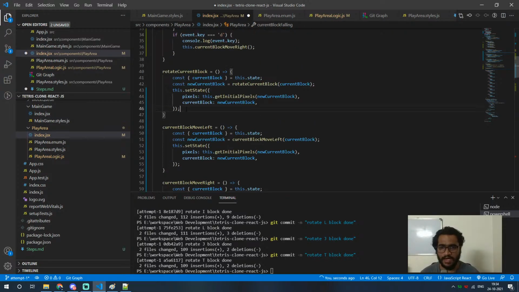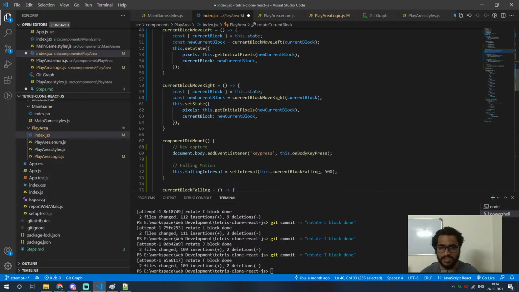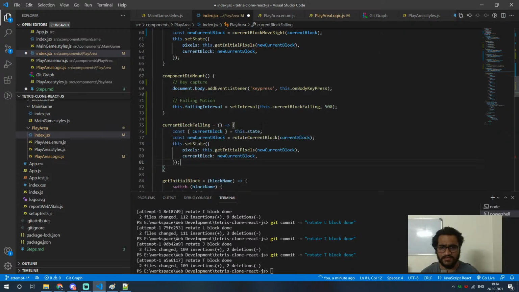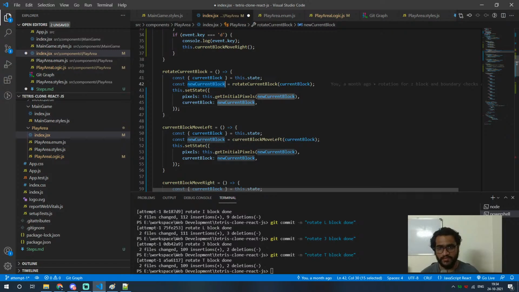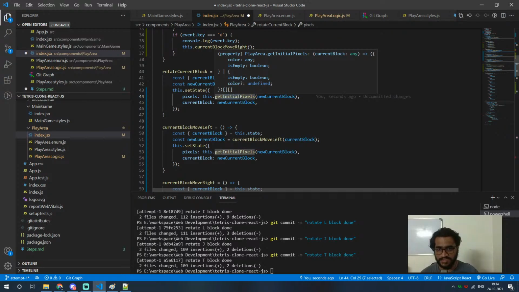So let me just copy. Why I'm copying these is because these are the basic functionality. We are taking the current block, we are feeding it to a function, and then we are getting a new current block which we are feeding to the pixel function, get initial pixels. Yeah, the name of this function should be something else. Get updated pixels.